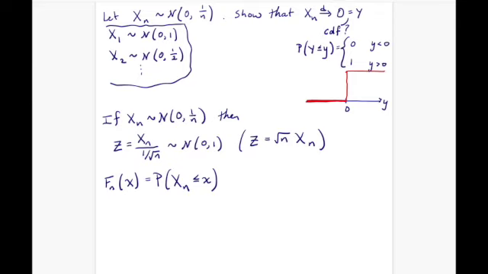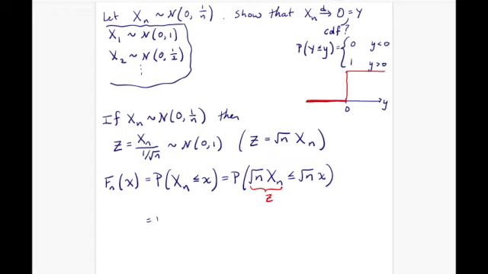Well, that should be the same if we just multiply both sides by the square root of n: the probability that the square root of n times xn is less than or equal to the square root of n times x. We did that because now we're asking about the CDF of a standard normal. This is our z.